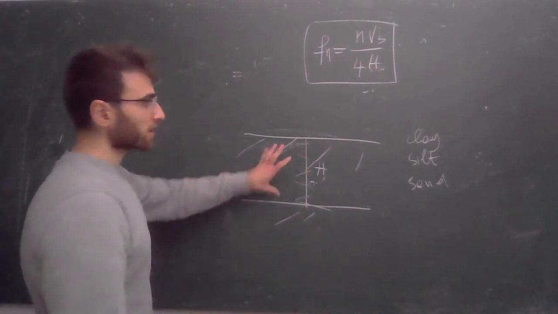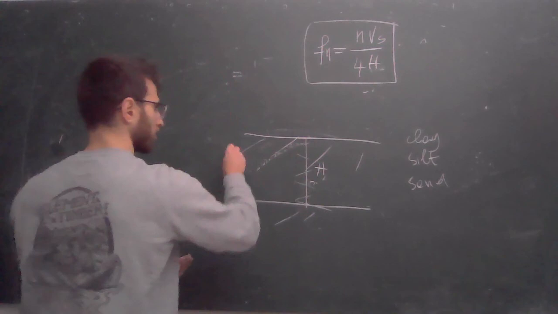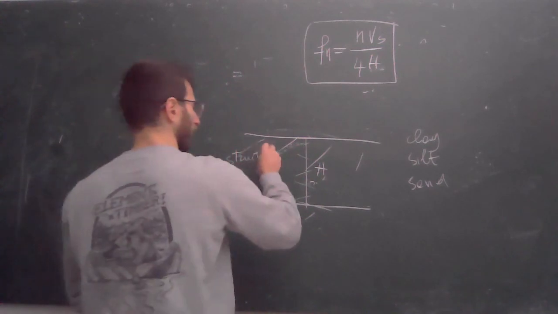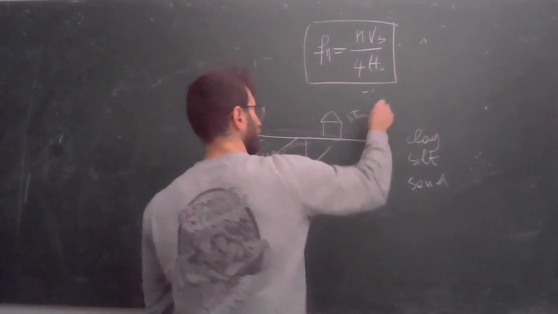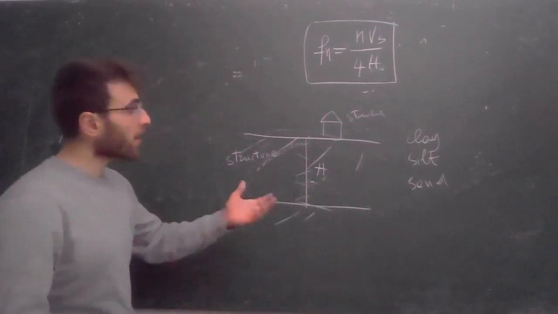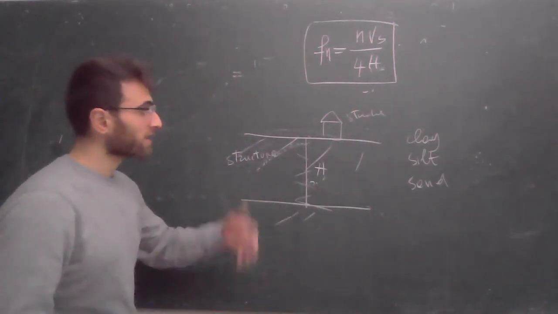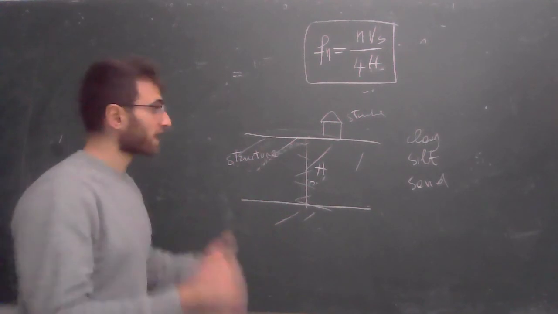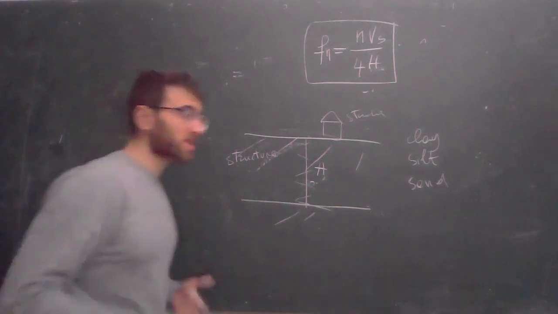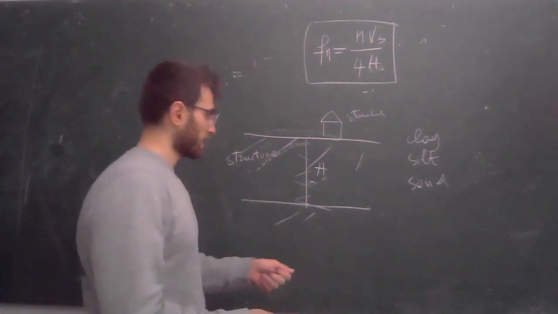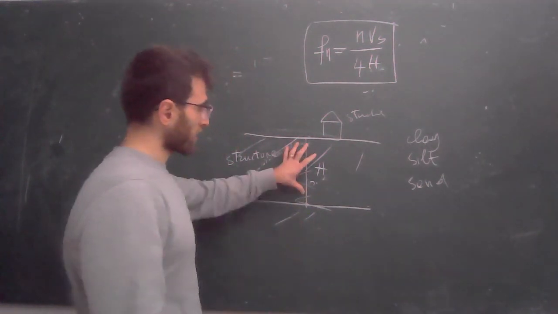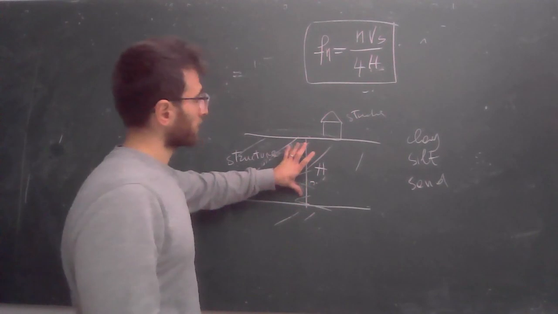But this soil is like a structure, and the house is another structure. So if there is an earthquake, we can have amplification if the frequency content of the earthquake is tuned to the natural frequencies of this layer of soil.